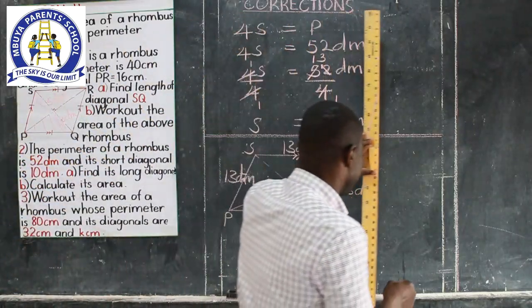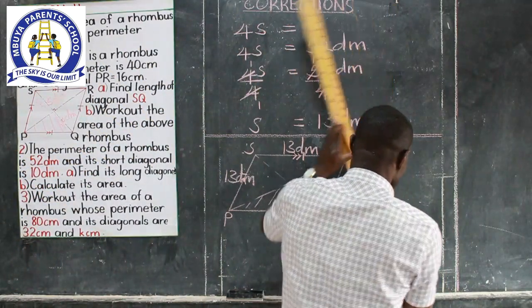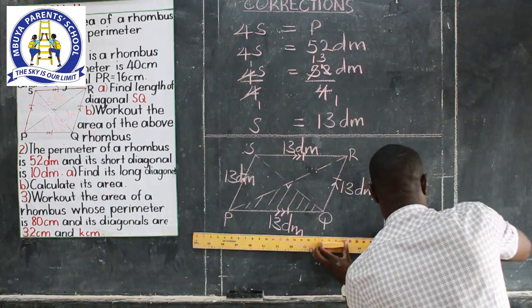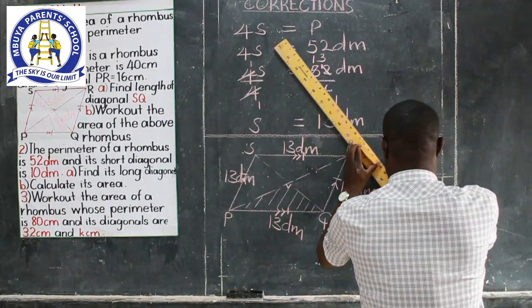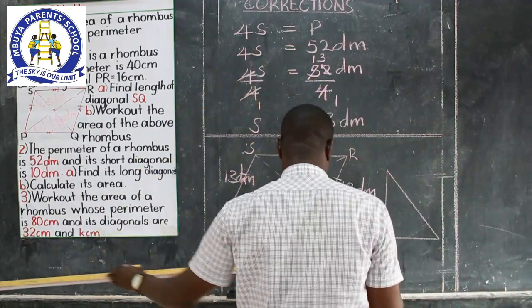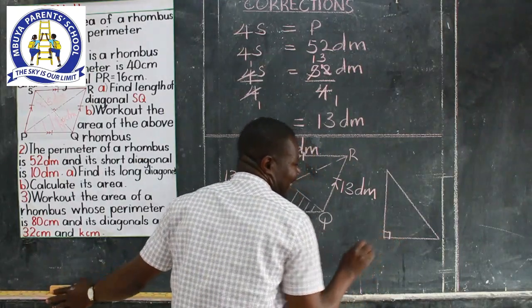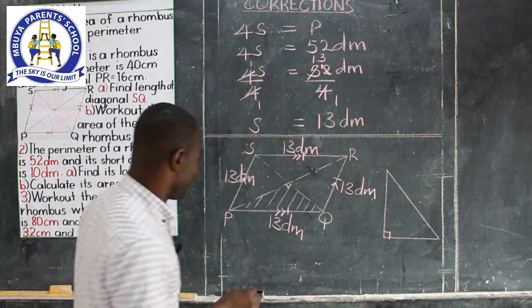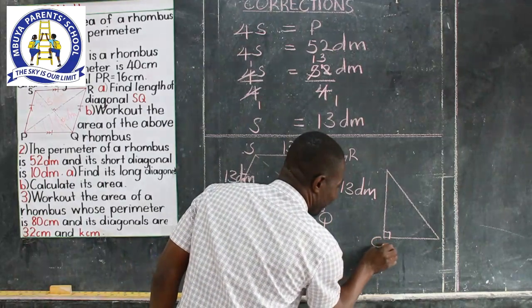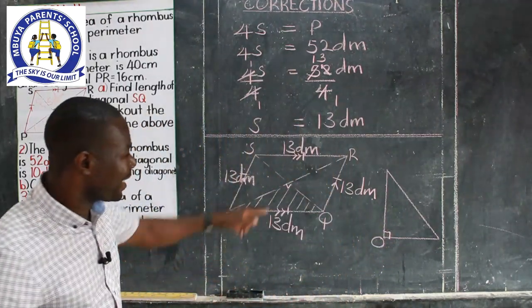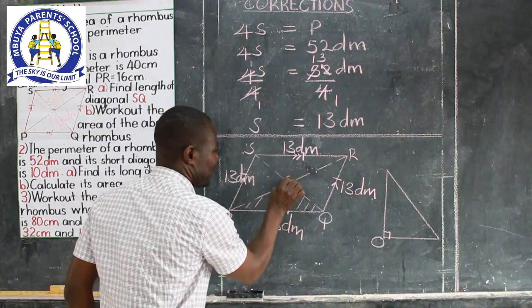And I will have to draw it here. And you'll have it with the right angle. So we shall have point O, that's the center, here.